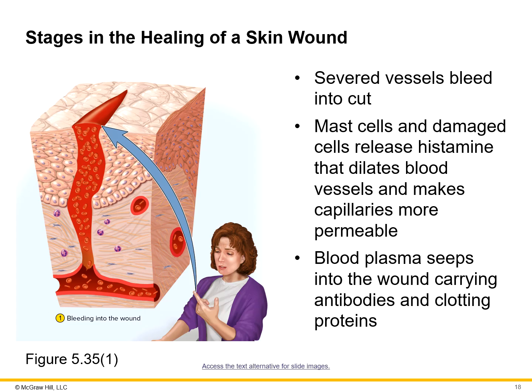For example, in skin wounds that are healing, when a blood vessel is severed, that severed blood vessel will bleed into the cut. There are mast cells present in that blood, and the damaged epithelial cells will attract these mast cells, and those mast cells will release histamine.